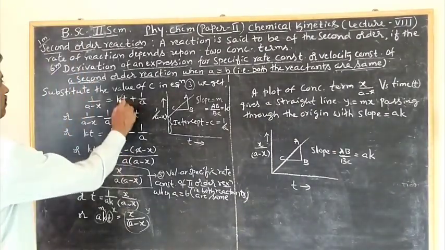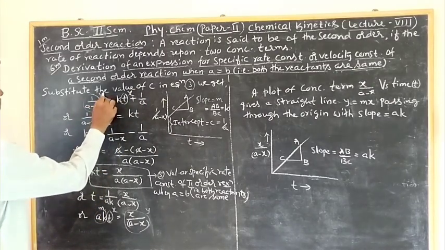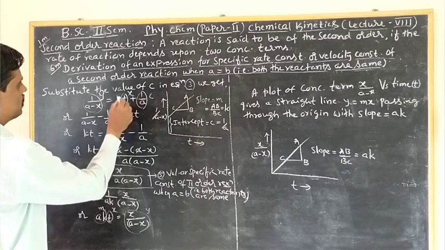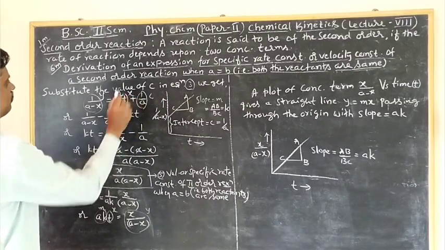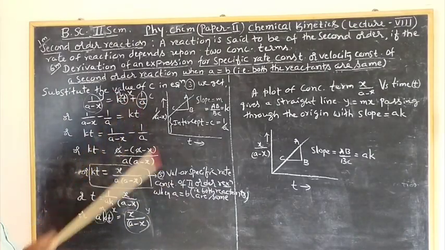This term is called c, and this is the slope m. Y = mx + c is the equation for the straight line.